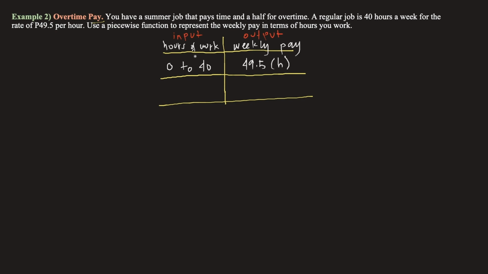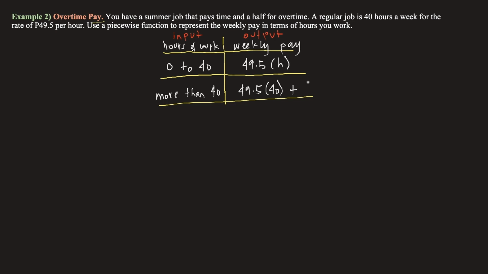Now, if you work overtime, that is, you are working more than 40 hours, you will be paid the regular rate of 49.5 for the first 40 hours and an additional 1.5 times your regular rate.